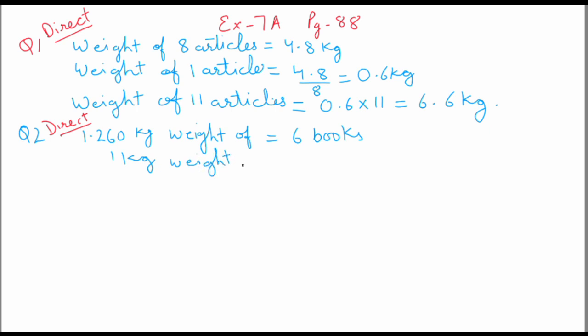The unit is always 1. So 1 kg is the weight of 6 divided by 1.260 books. We can write it like this, just to remove the decimal from the denominator. Now cut and find the values.